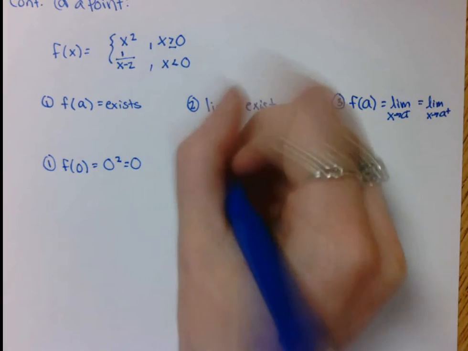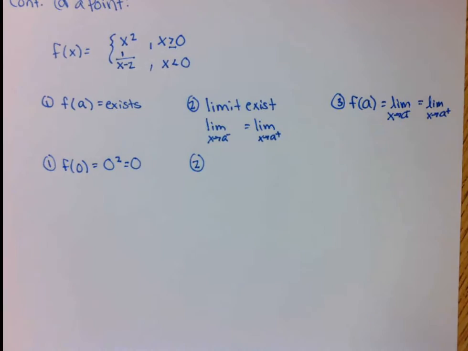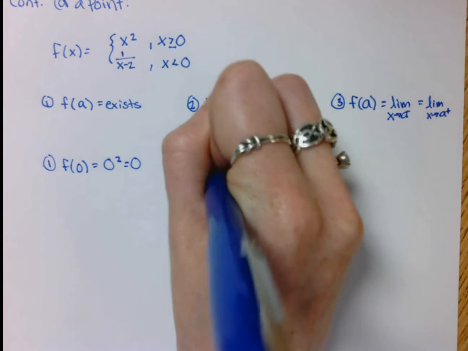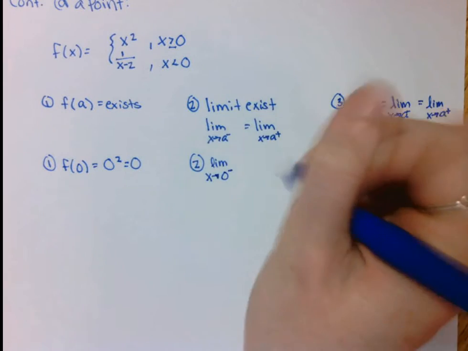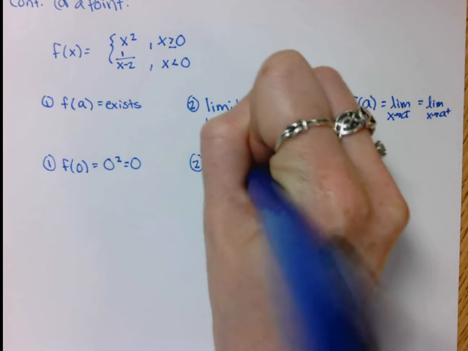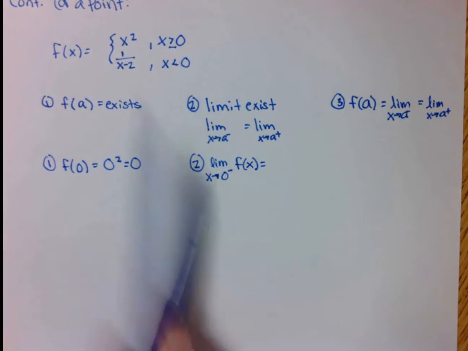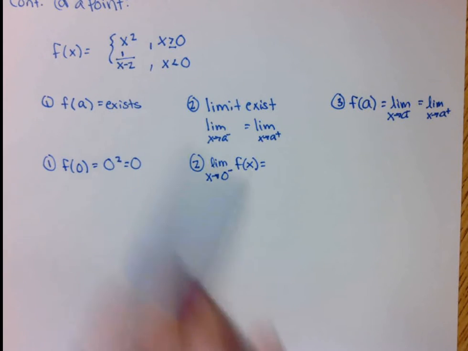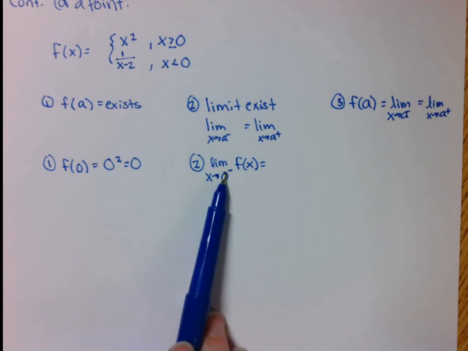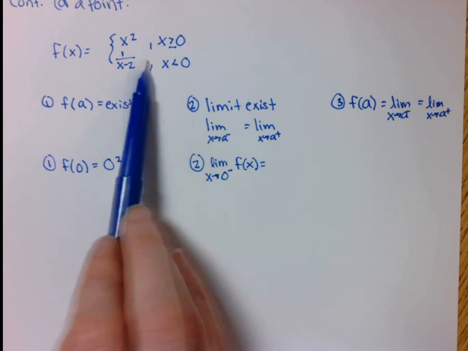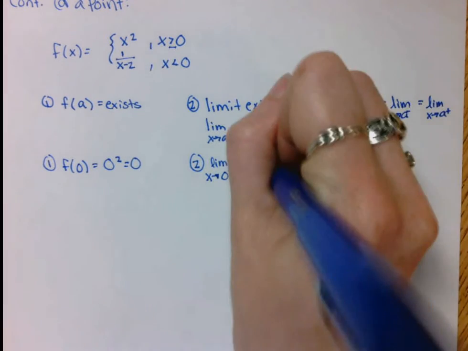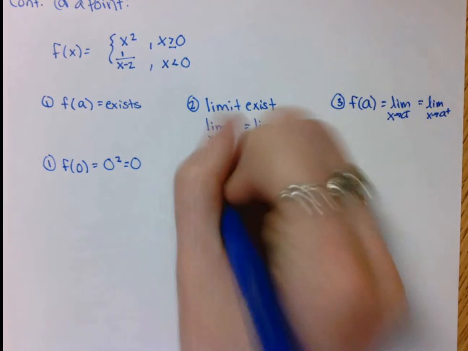Then I'm going to try to show that this limit exists. The limit as x approaches 0 from the left of f of x, I can do direct substitution. On the left we're approaching from negative, so I look at my bottom equation, which gives negative 1/2.